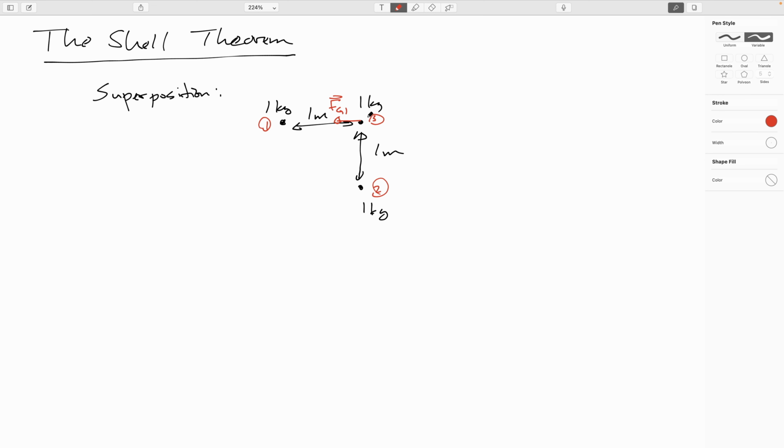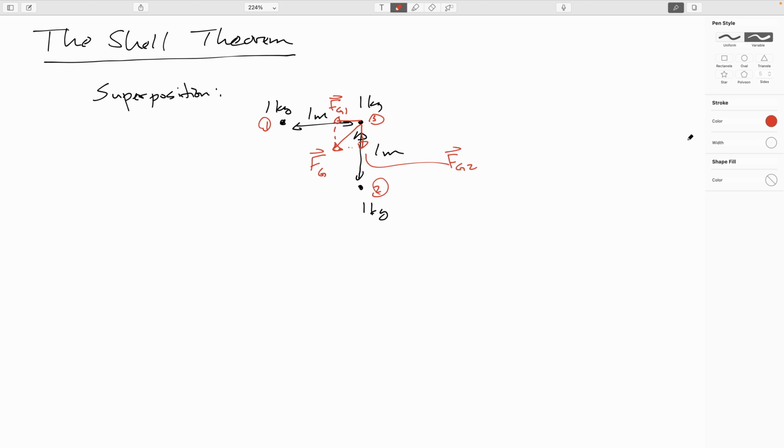We'll pretend that objects 2 and 3 are now the only two objects in the universe, and we'll find the force of gravity due to object number 2, FG2. Then you can take the vector sum of the two, and that is the gravitational force that that object feels.